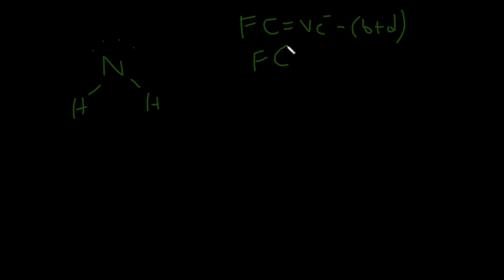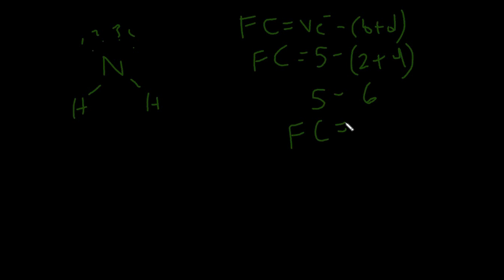Nitrogen, again, like in the previous example, has 5 valence electrons minus bonds, which is 2. How many dots? We have 1, 2, 3, and 4. We have 4 of them. So it'd be 2 plus 4. So now we have 5 minus 6. So the formal charge of the nitrogen is -1.